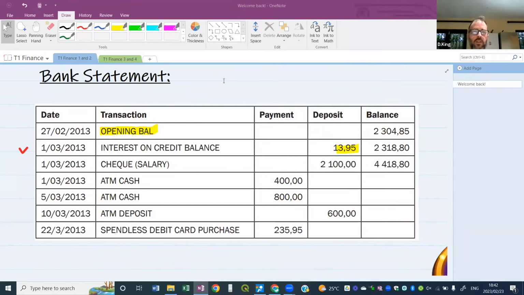Okay, so this is what we can do. I'll show you. We can take this 13.95, and we make a fraction with it.